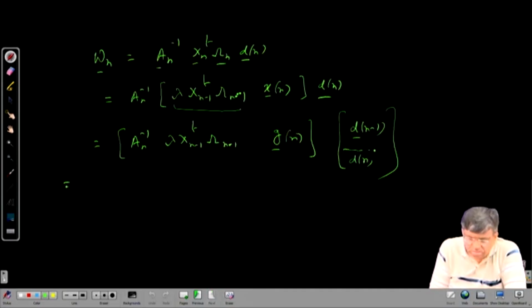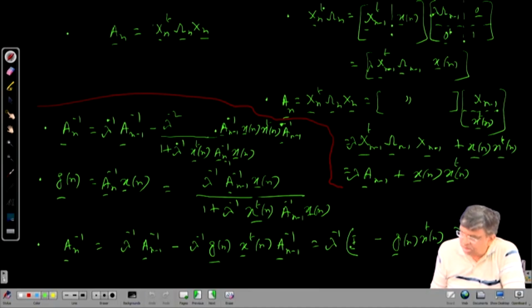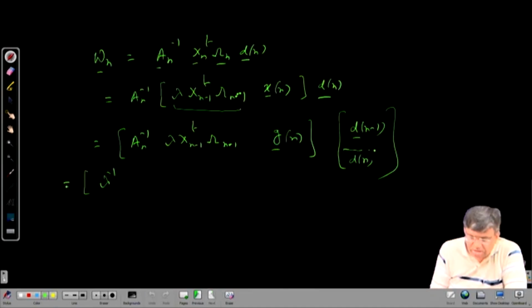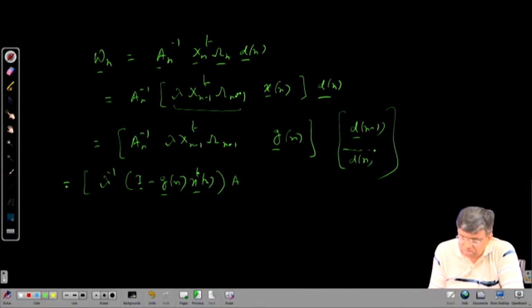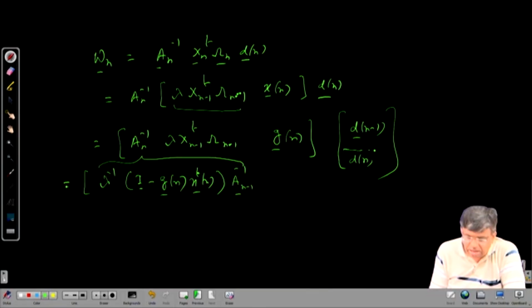So, A n inverse, sorry, this is lambda inverse. Let us see again, lambda inverse I minus G n x transpose n, so I minus G n x transpose n times A n minus 1 inverse. This much is this, A n inverse is this much.